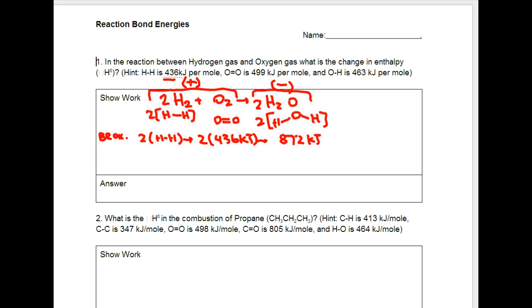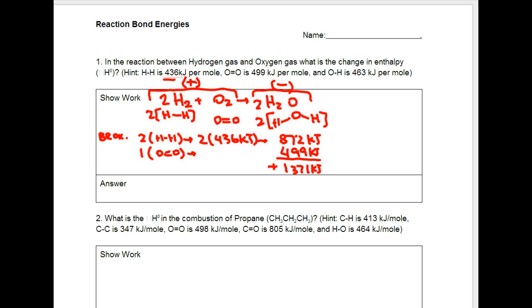And then we also have one O double bonded O, and that is 499 kilojoules. So right now we can calculate the total, and that's 1371 kilojoules, and this is positive because all of these are being broken.